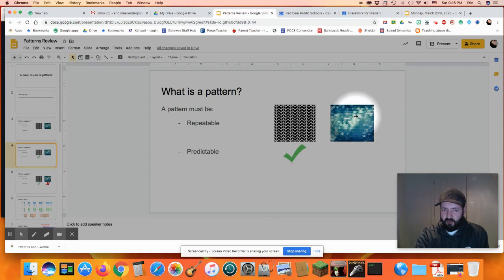And there doesn't seem to be any repeatability and predictability. And again, the test for that is if I were to ask you to extend this picture to the left or right or up or down, I think we would struggle to do that. You could come up with your own creation, but I don't think it would follow a pattern. It's not repeatable and it's not predictable. So this one fails the test. It is not a pattern.